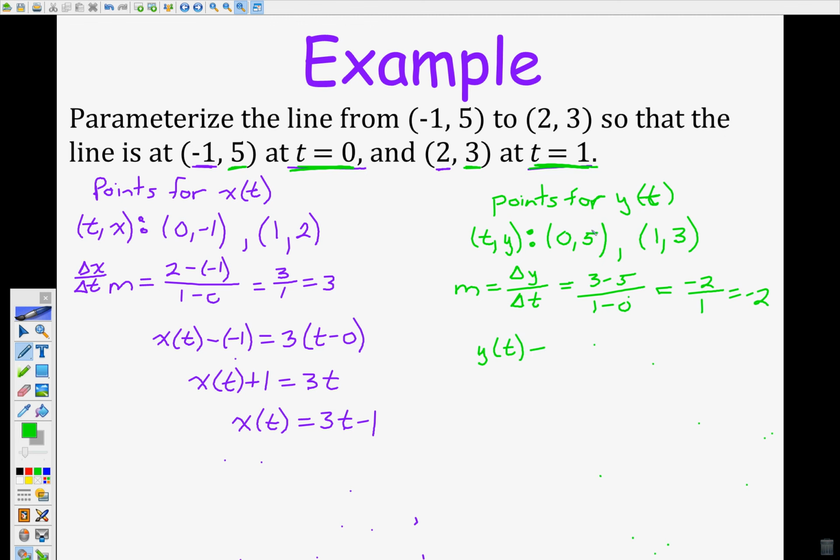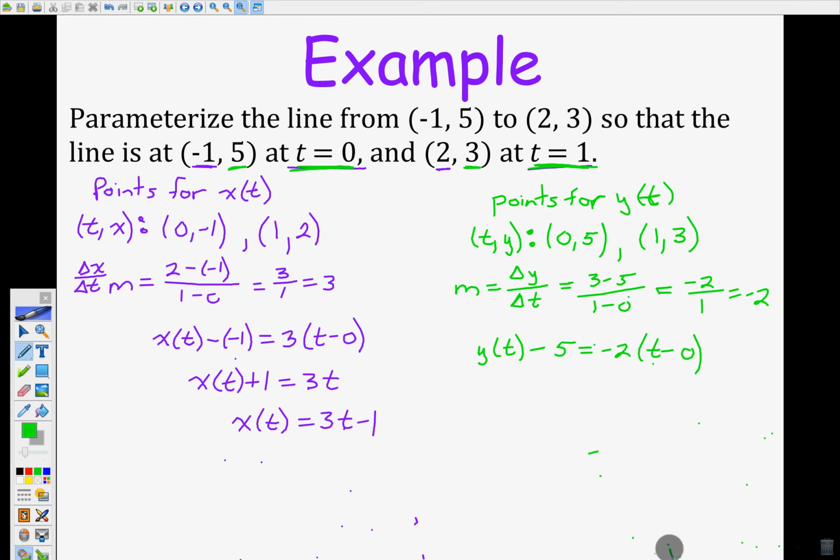So y of t minus 5 is equal to -2 times t minus 0.